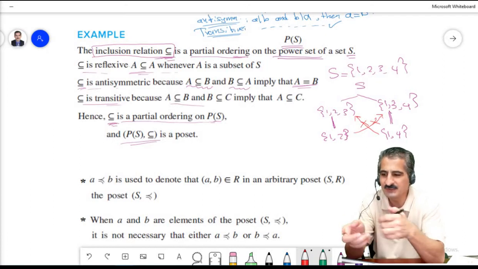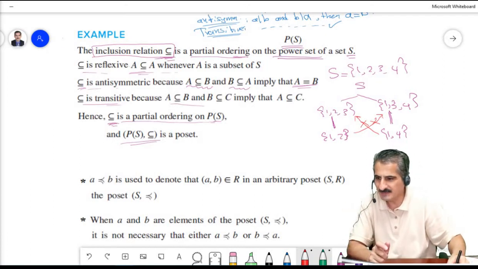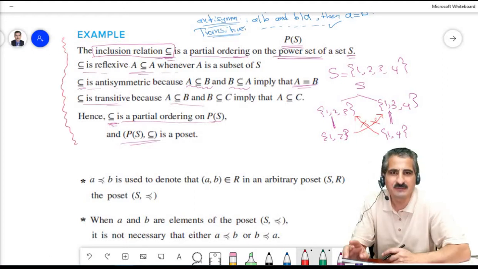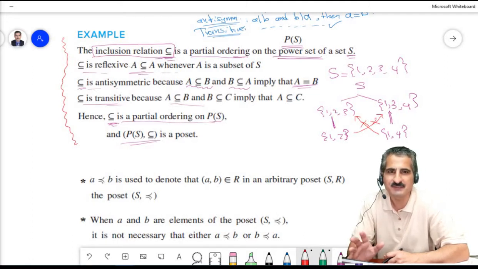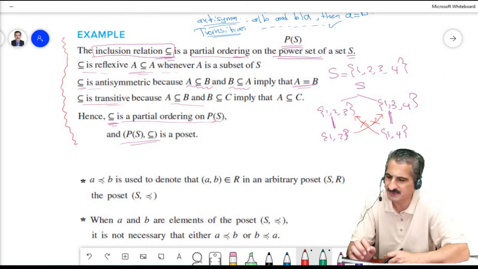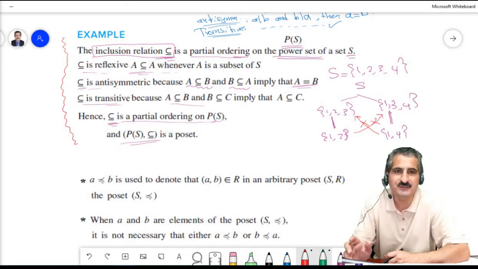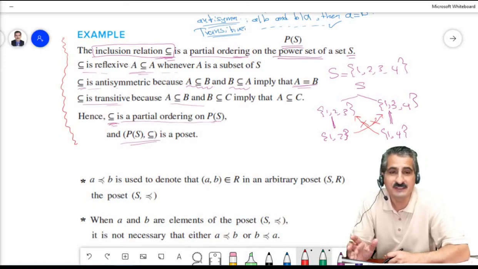So using this example here, why am I saying this at this moment? Because this example will always remind me what a partially ordered set is. When I forget, okay, partially ordered set, how do I remember the three properties of its axioms? Then I say, okay, the partially ordered set of the power set of a set.